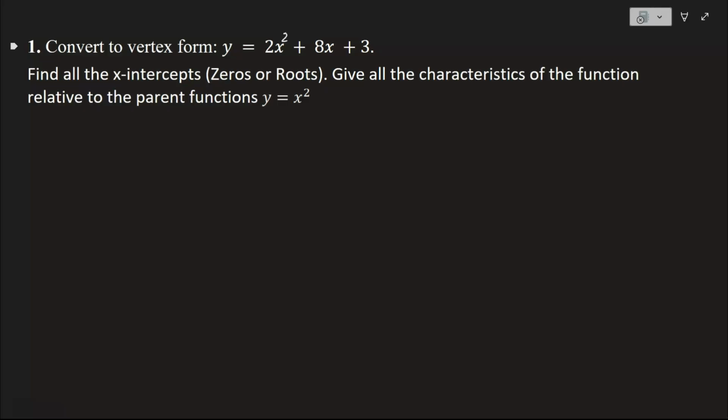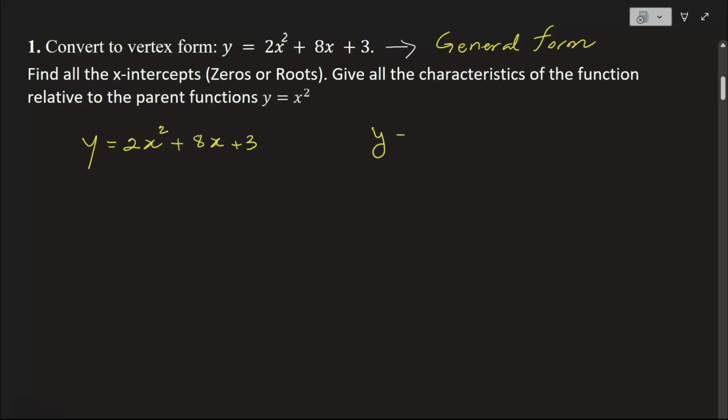Okay, so let's start with the concept of how we go from the general form. So this is your general form. The vertex form is given by a times x minus p all squared plus q. In some textbooks they have h and k for p and q. Same thing, doesn't really matter.